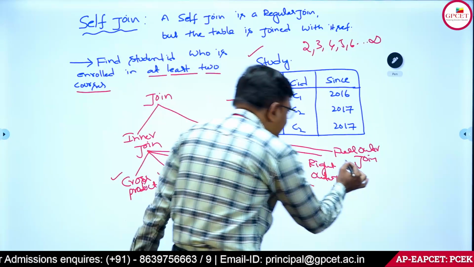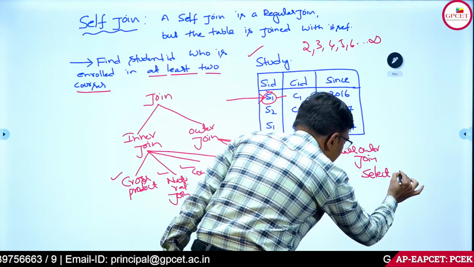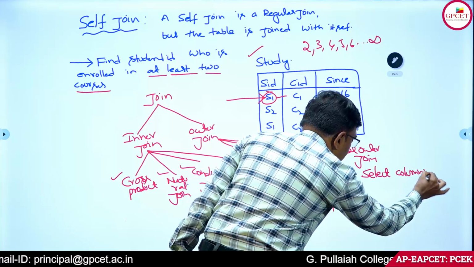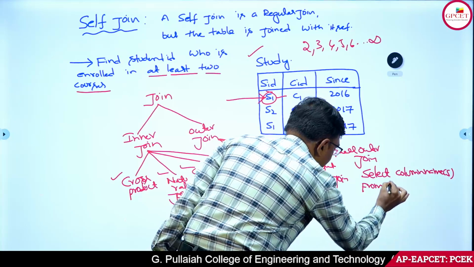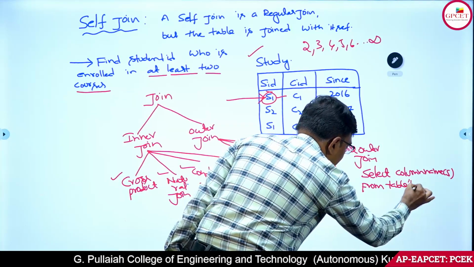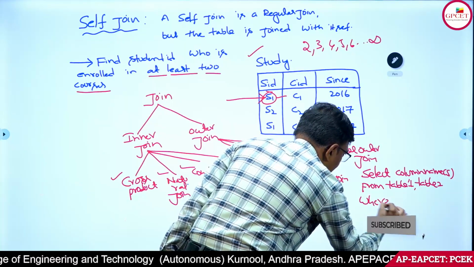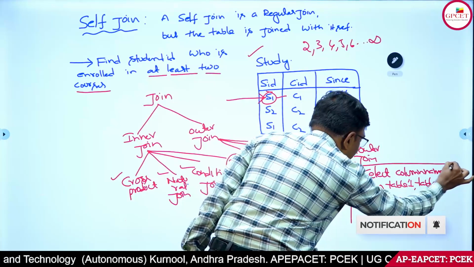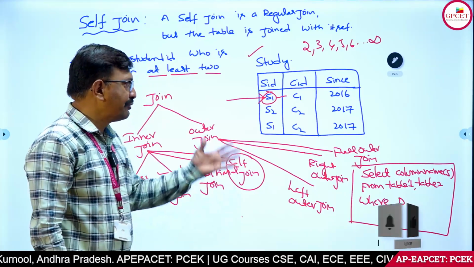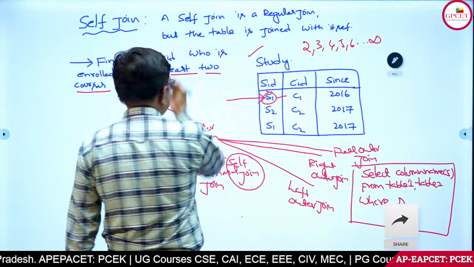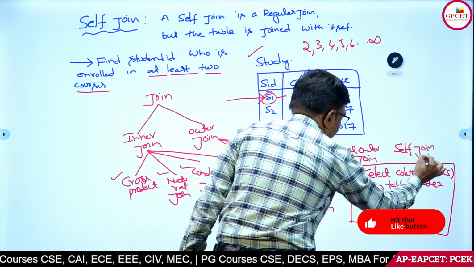What is the syntax of self join? Self join syntax is: select column name or names from table 1, comma, table 2, where P. This is the self join syntax.